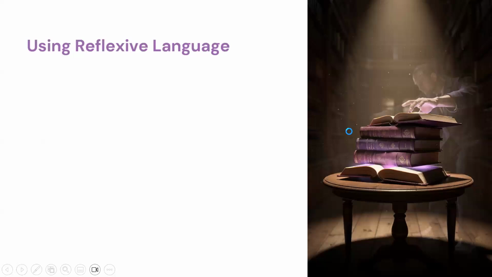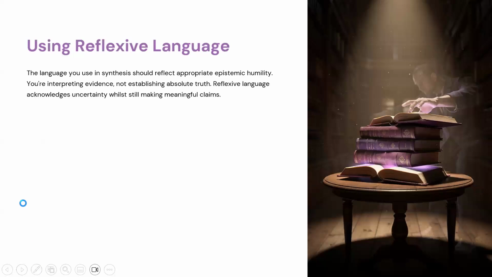So this is where using reflective language comes in. The language that you use in synthesis should ideally reflect appropriate epistemic humility. And that is just basically another way of saying you report what you know, you report it faithfully. You obviously will think critically about it and say what it can or cannot tell you and what potential gaps might be exposed from the information that you have extracted and the themes that have emerged.